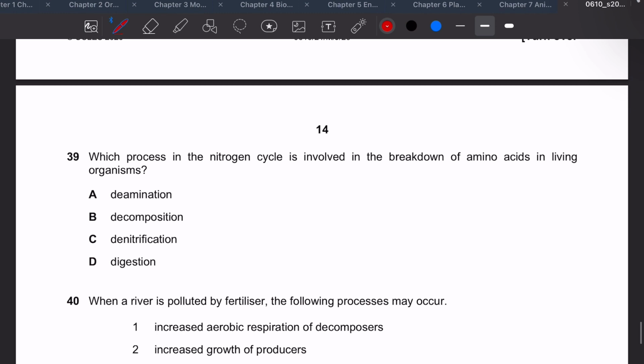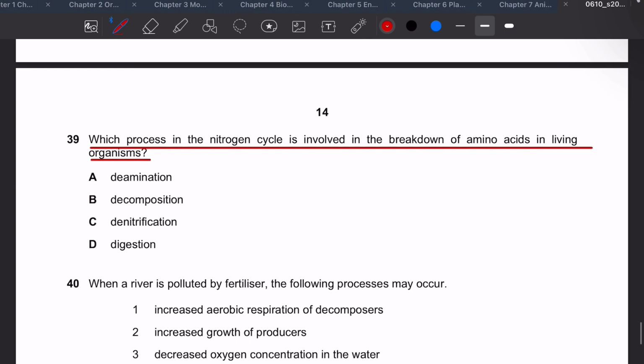Number 29. Which process in the nitrogen cycle is involved in the breakdown of amino acids in living organisms? So, let's talk about the nitrogen cycle. When the living organisms die, their proteins become broken down into amino acids.